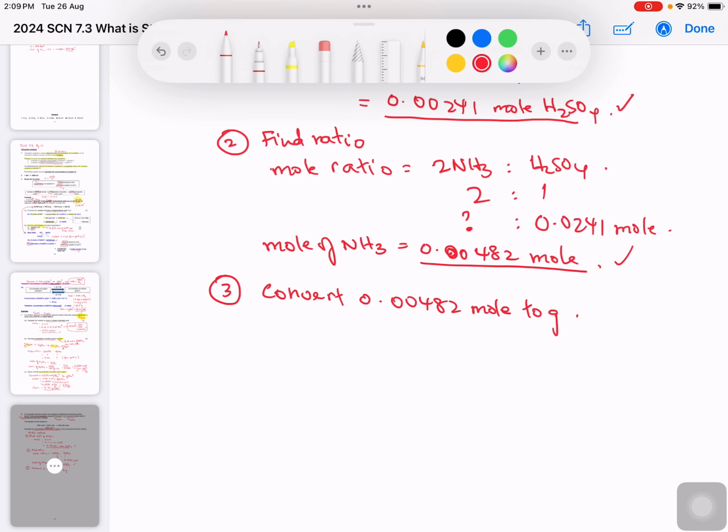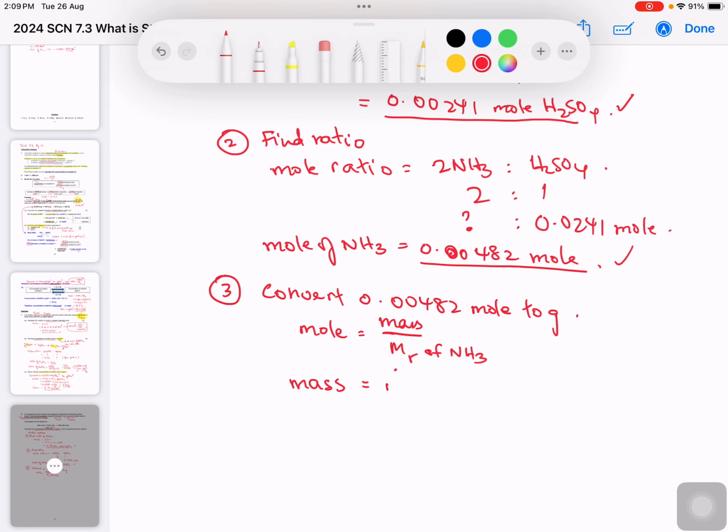The mass formula. So mole equals to mass over MR. Okay? This will be of ammonia. So mass is, we want grams, so mass will be our unknown.